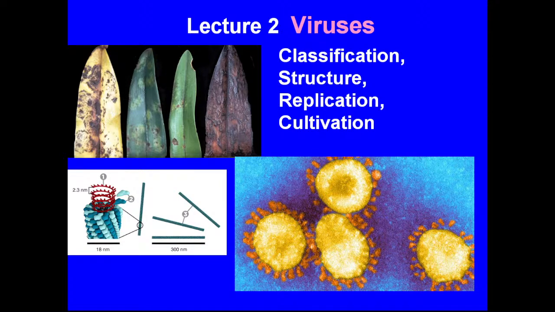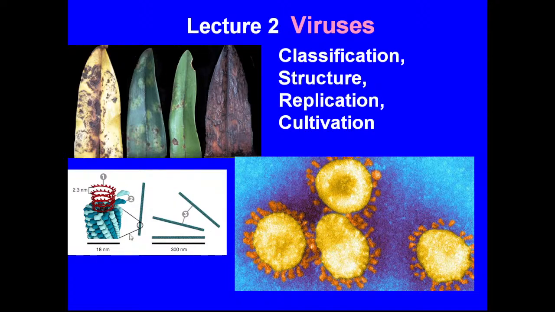At the very beginning of our lecture, on the very first slide, you see the topic of today's lecture. We are going to discuss classification, structure, the way of multiplication of the viruses, and how we culture them in the laboratory. On the first slide you also see the very first virus that had been discovered.